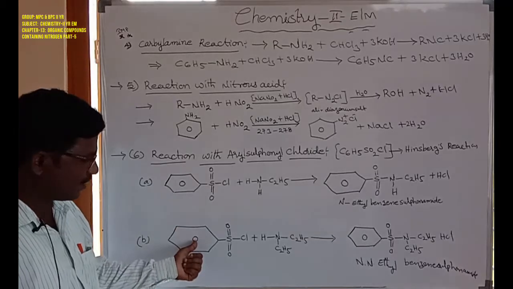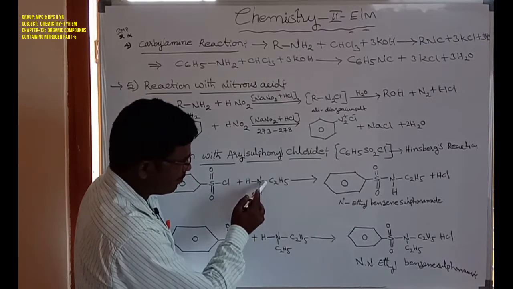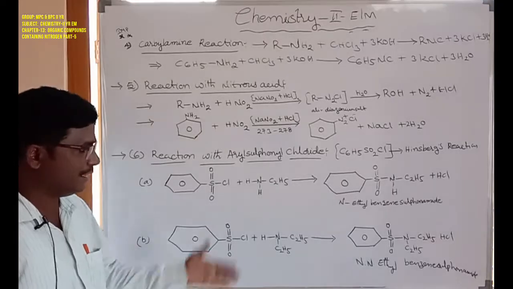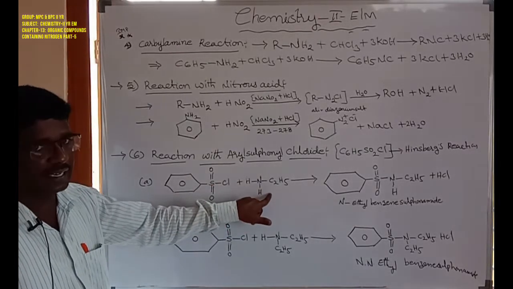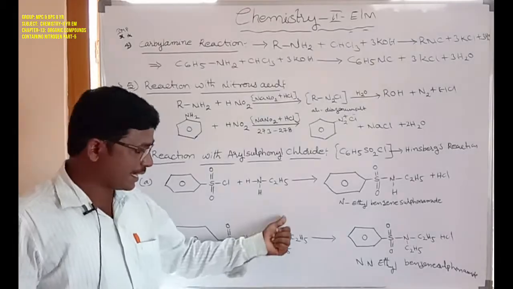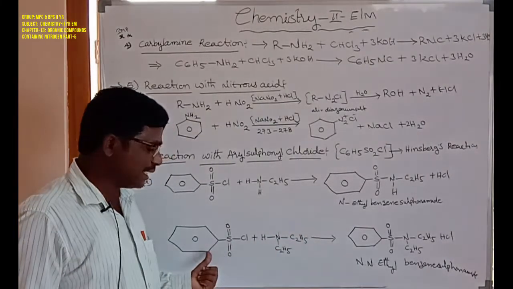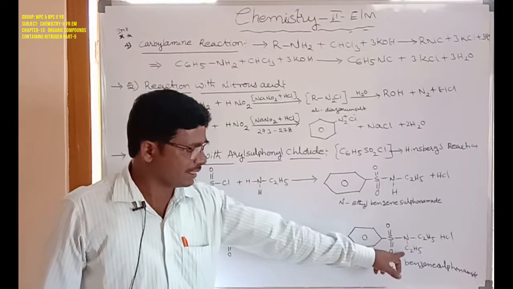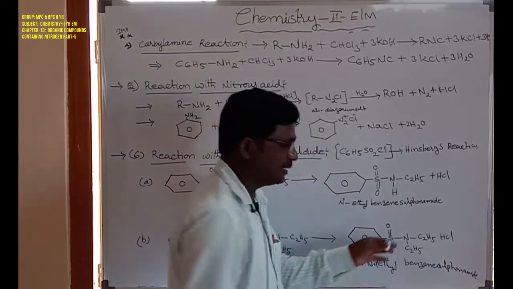Next, benzene sulfonyl chloride treated with a secondary amine. The above reaction used a primary amine, but here the nitrogen atom is bonded to two ethyl groups, which makes it a secondary amine. Benzene sulfonyl chloride treated with the secondary amine forms N,N-diethyl benzene sulfonamide.